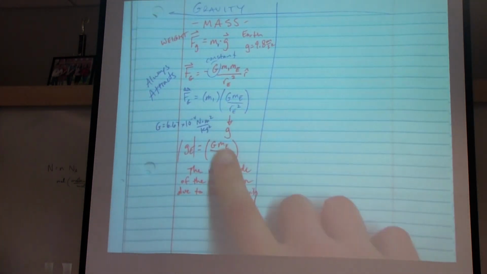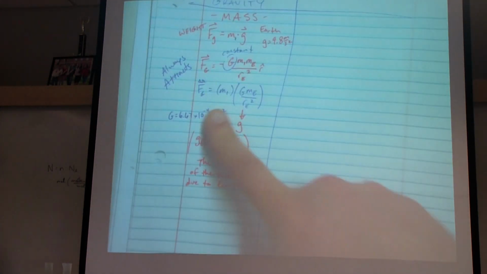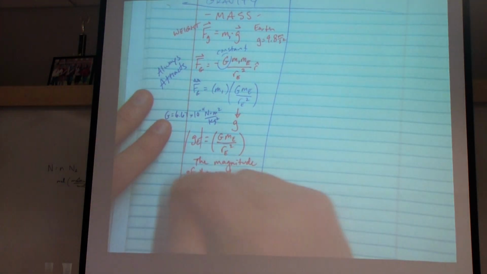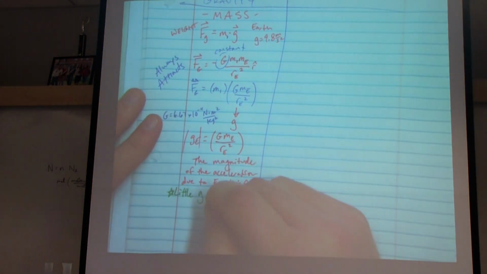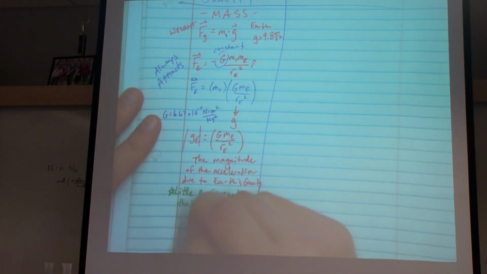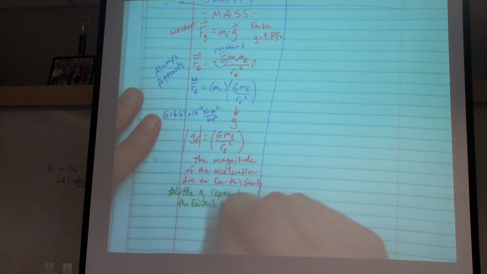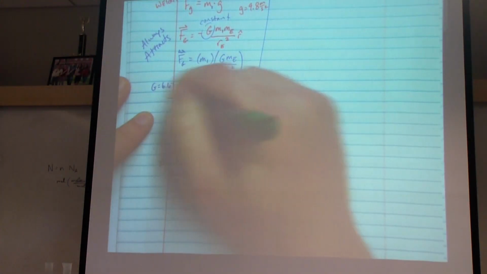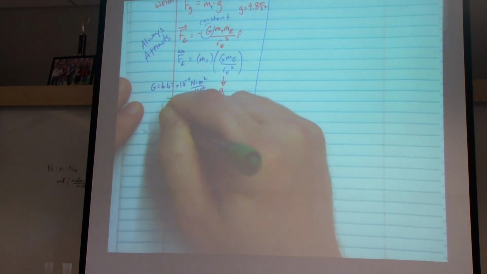My point is that we're just used to writing it this way, right? M times G. So what do we call this little g? This little g acts like, and this is the main point here, okay? Little g represents the Earth's gravitational field, which is this right here, written that way.